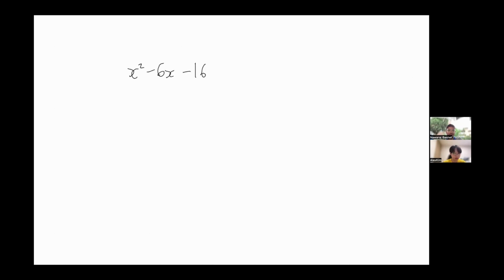So we have a function, this. It is asking for the sum of two distinct real solutions. So you understand what this part means?